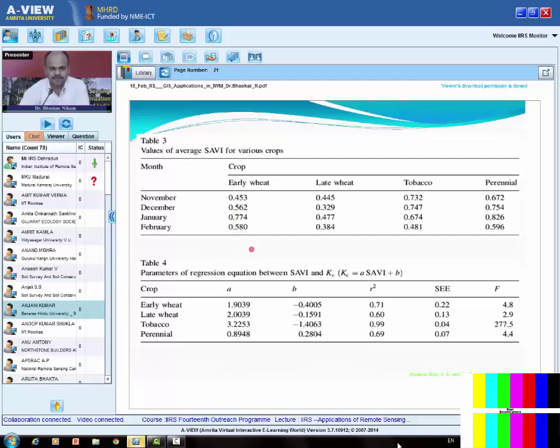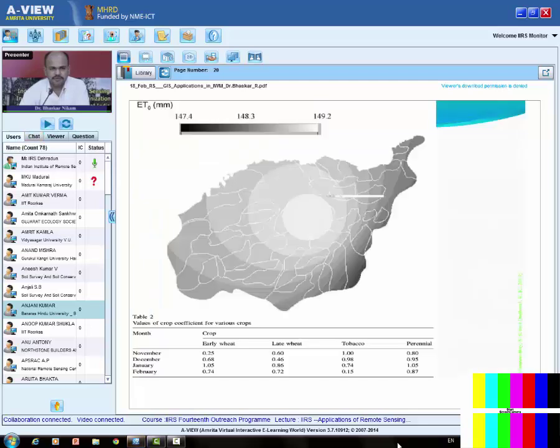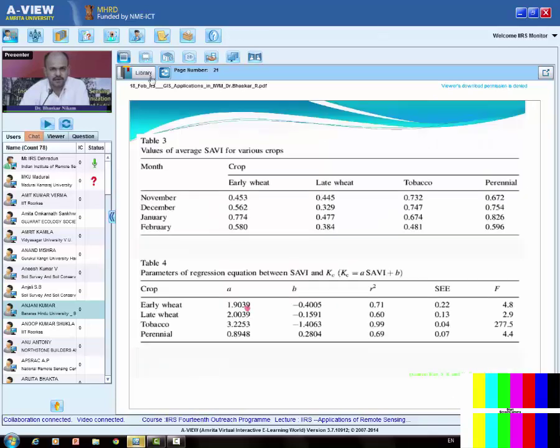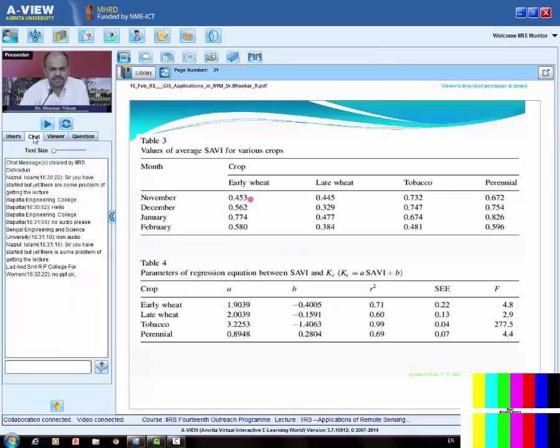These are the vegetation index values, and in the previous slide, we were seeing the Kc values. It's the same. It goes on increasing until maturity. After maturity, it again drops down. Same you can see here. The Kc value or the vegetation index value goes on increasing, and after maturity it will drop down.